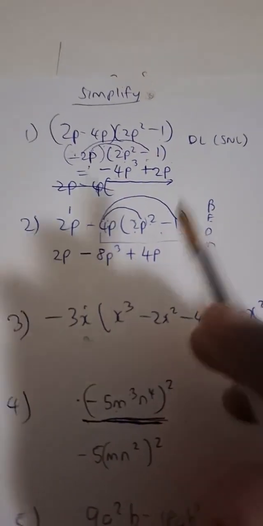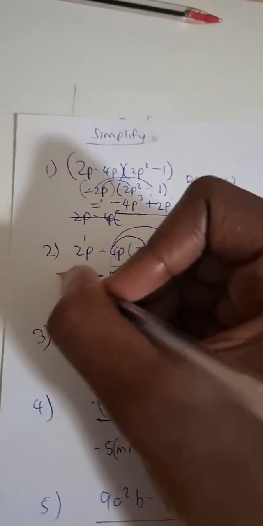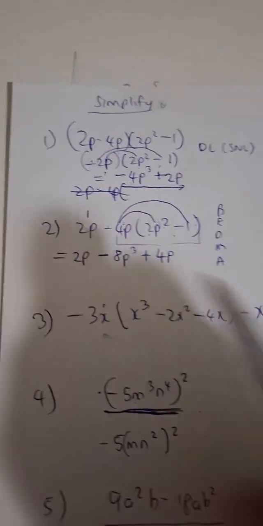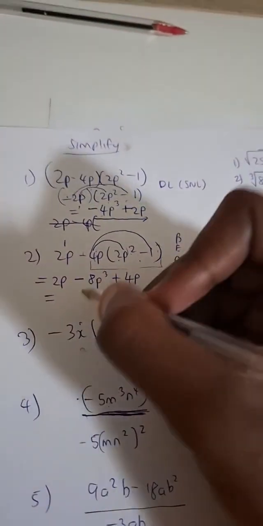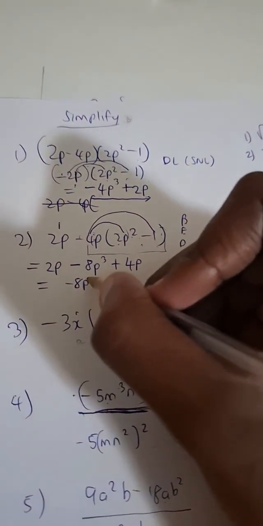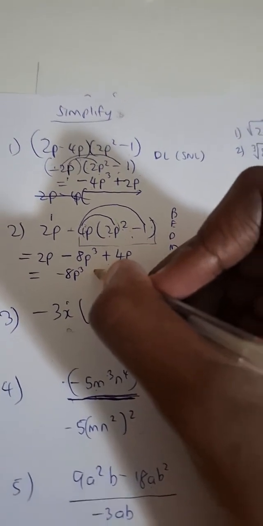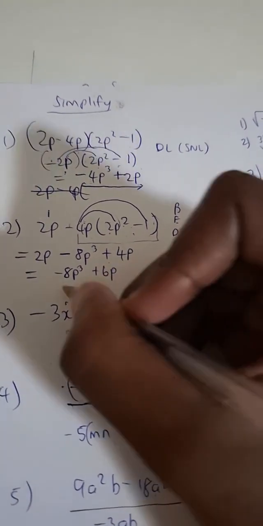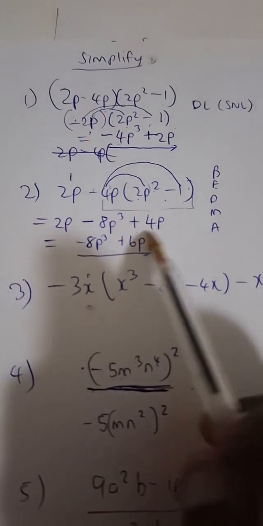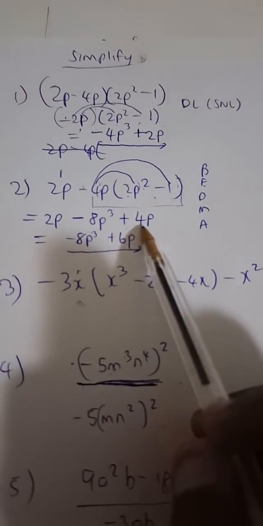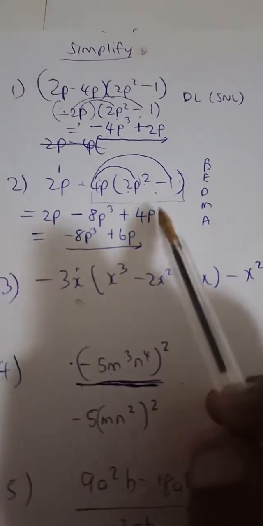Now we check, are there any like terms? I'm sure you can see that they are like terms. There's the 2p plus the 4p. Those are like terms. So we can write our answer as negative 8p to the power 3 plus 6p, because you can bring this 2p and this plus 4p together so that they take care of each other as like terms.